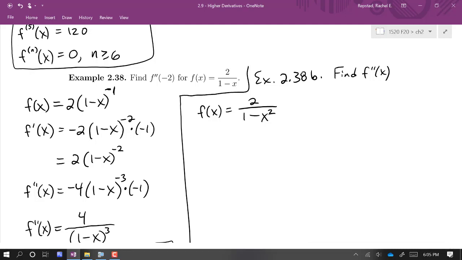So the way we're going to find the first derivative, you know, like it's still a fraction where there's no variable up top, so we don't have to use the quotient rule. Let's rewrite this in a power rule friendly form.